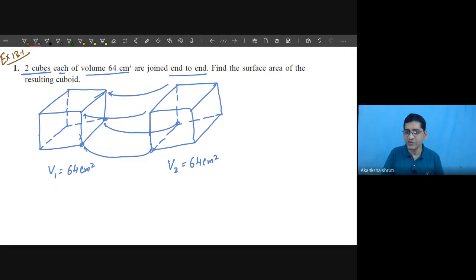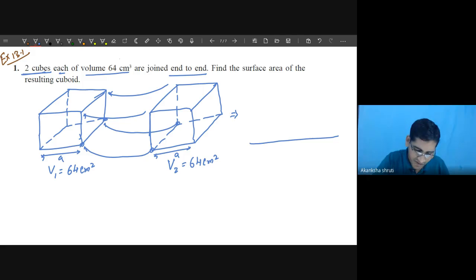So drawing it together, what will we get? This ultimately gives us a length that becomes double. This was the length a, and this was also a. This a can be calculated very easily by knowing the volume.